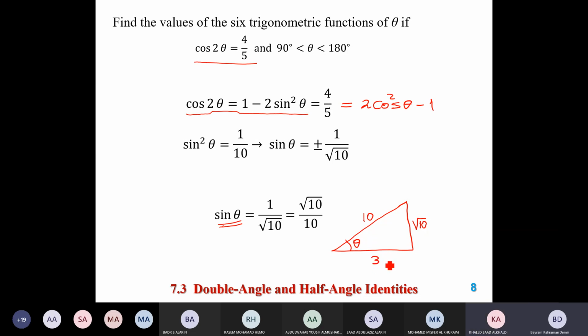So now cosine theta will be negative 3 root 10 over 10, Shabab. Negative, right? Because the location is the second quadrant, cosine should be negative, of course.